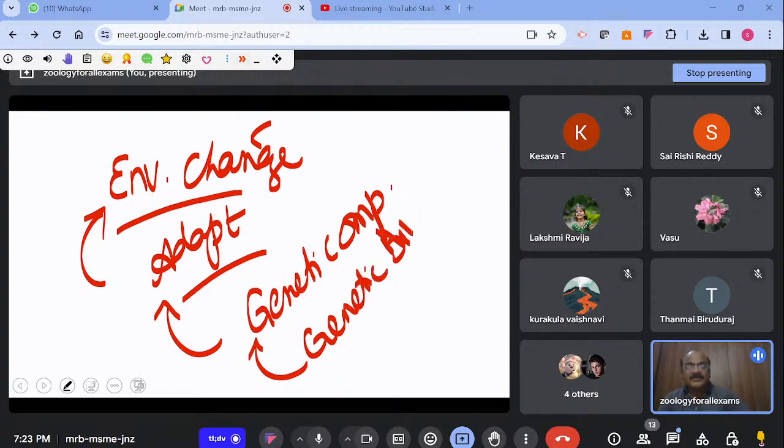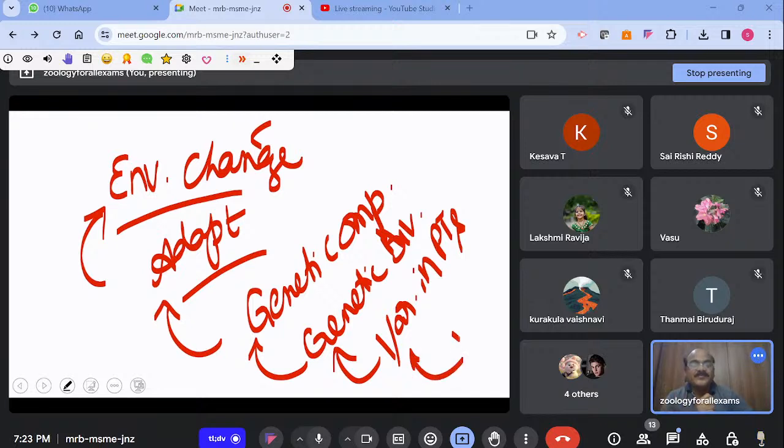Genetic divergence results in variations in phenotypes, so that organisms which were almost similar are now morphologically dissimilar. In due course of time, if reproductive isolation sets in, then we say that evolution has taken place.